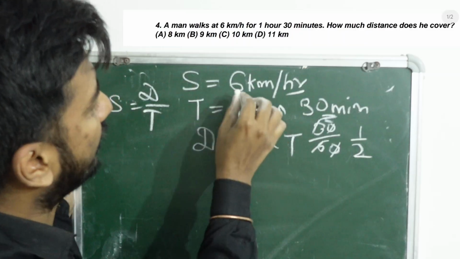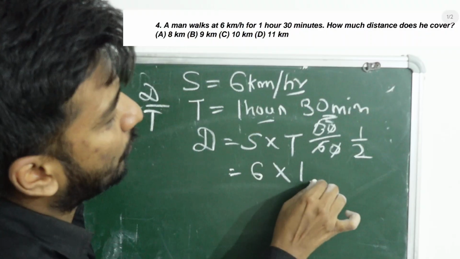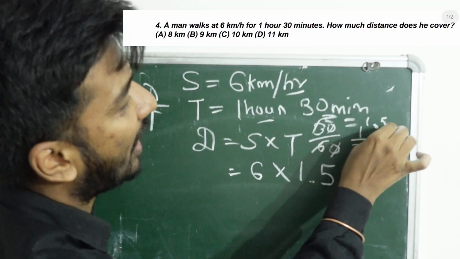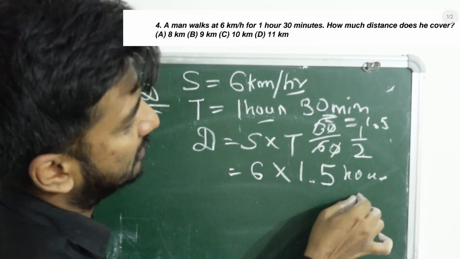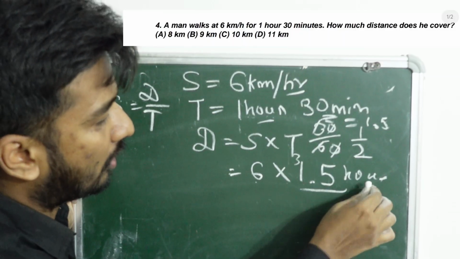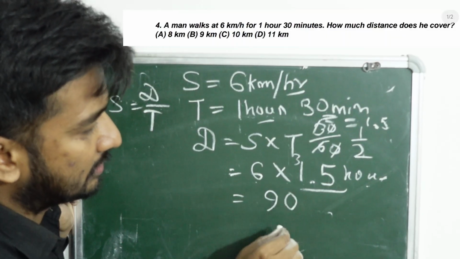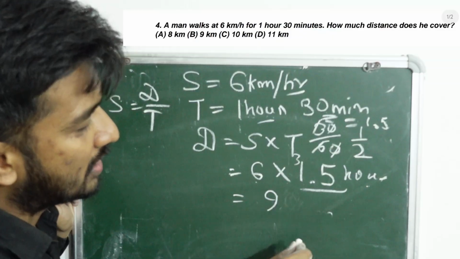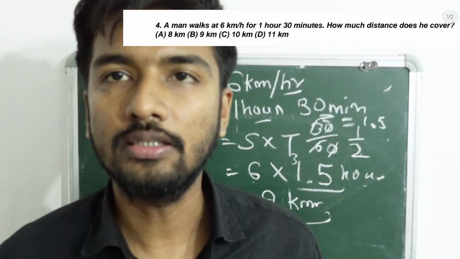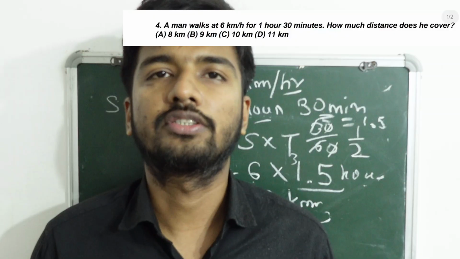So 1.5. 1 hour 30 minutes can be written as 1.5 hour. What is the speed? Speed is 6. Then 6 into 1.5 hours. So 1.5 times 6 is 9. So 9 kilometer is the correct answer. Option B is the correct answer of the question which appears.